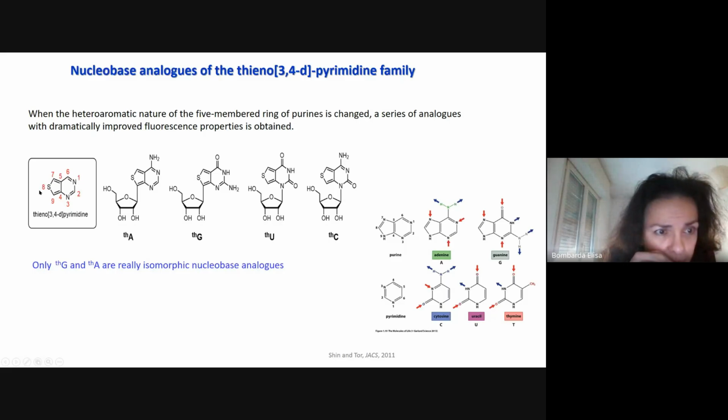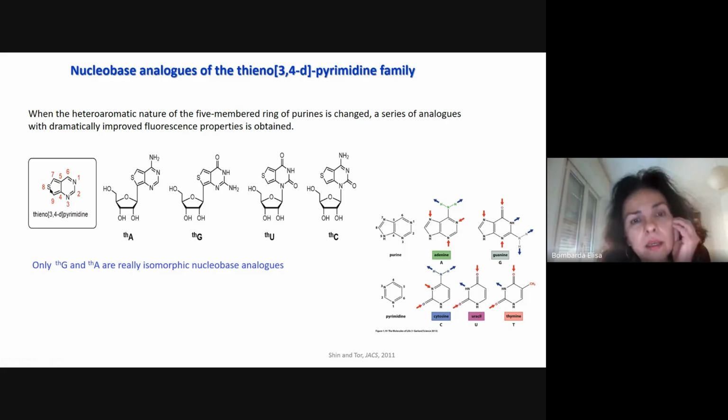So that is the pyrimidine, which is the base that we use, and this is actually the introduction of the thienopyrimidine. So it's characterized by the sulfur here, a heteroatom, and that is actually responsible for the fluorescence signal of this analog.